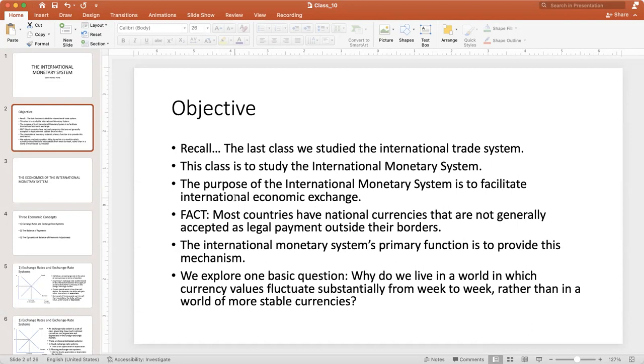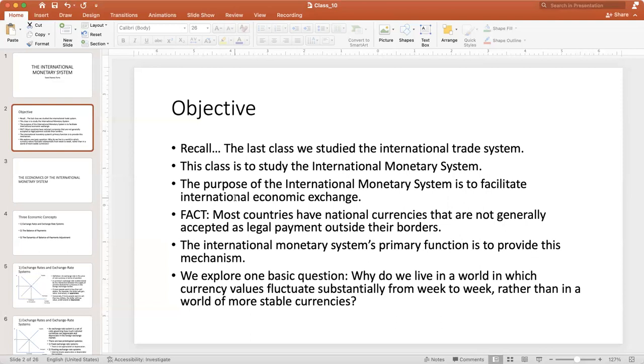Because in the international trade system, we analyze how goods and services are exchanged in the international market. However, if you want to buy or sell something in the international market, you have to use foreign currencies. So because of that, we need to understand the international monetary system. Why?